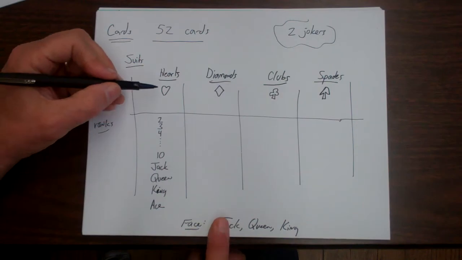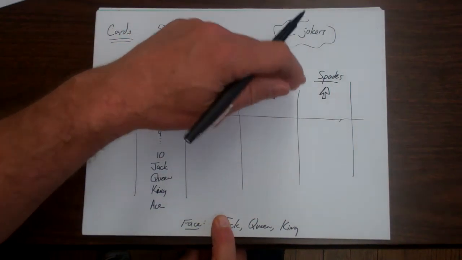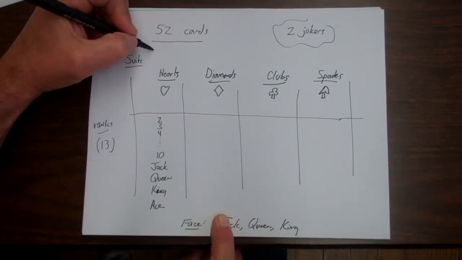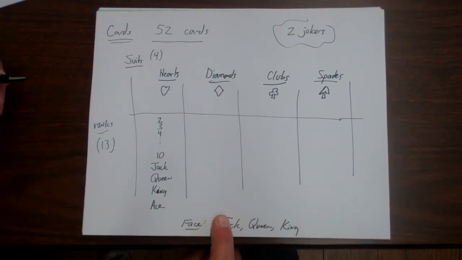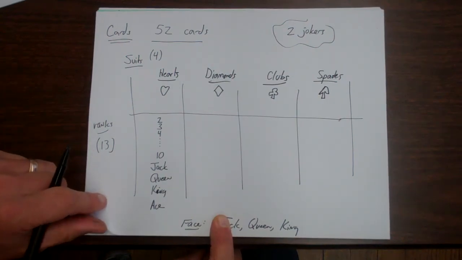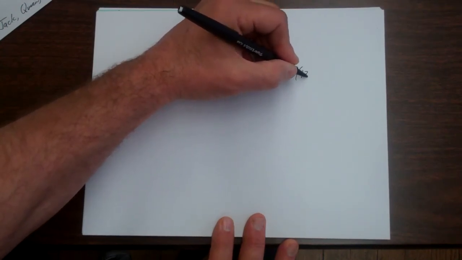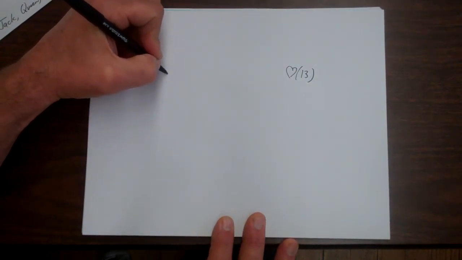And so what you do is for each one of the suits, you have 13 ranks. So there's 13 ranks and there's 4 suits. And what's neat about this is that you have overlapping. So for example, if you think about all the hearts, there's 13 hearts. And then there's fives.